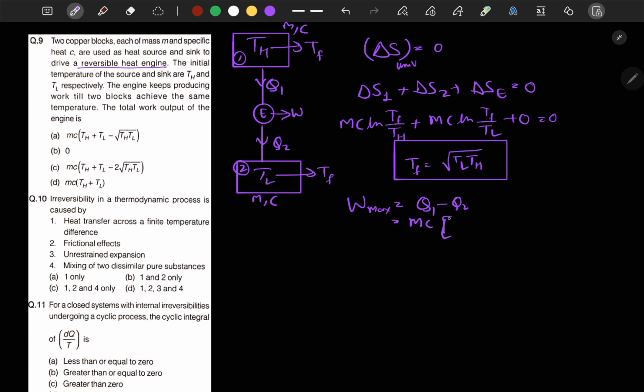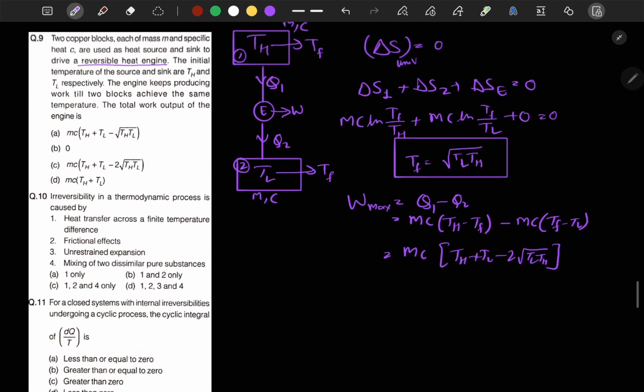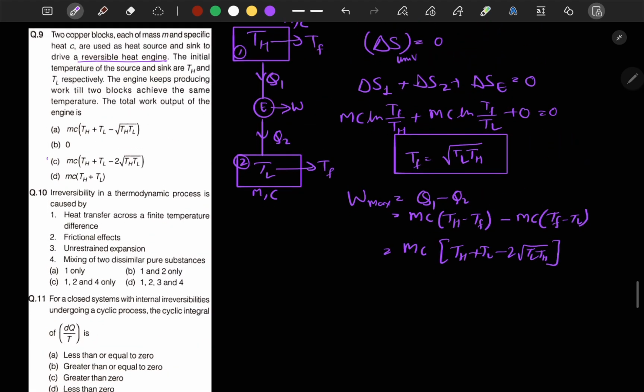So we write mc(Th minus Tf) minus mc(Tf minus Tl). This gives mc times (Th plus Tl minus 2Tf), and Tf can be written as the square root of Tl Th. Now we can directly see the given option. This is the correct answer.